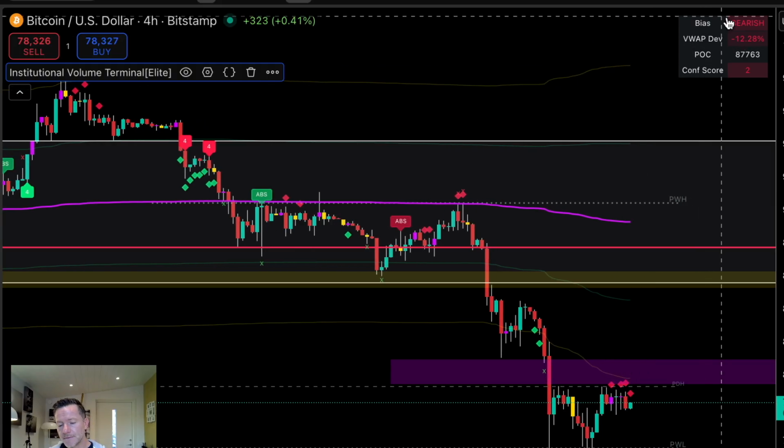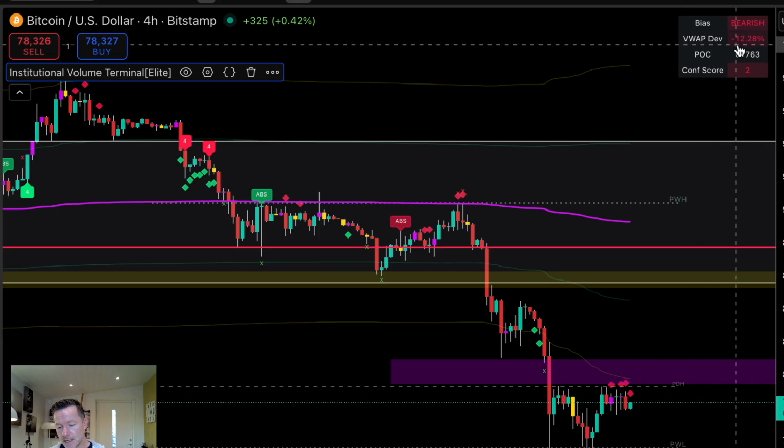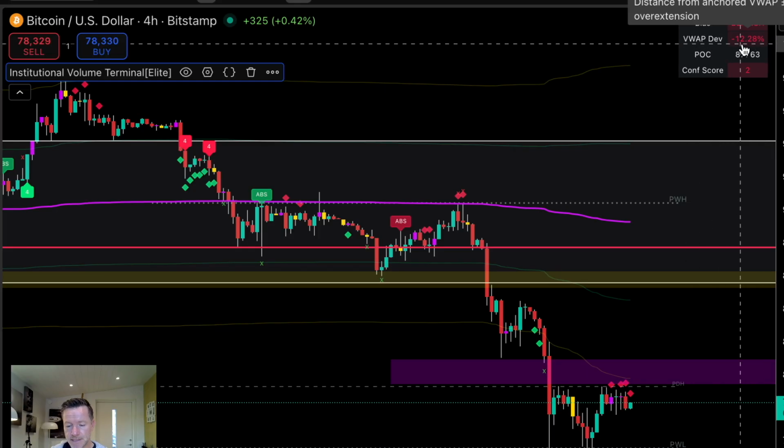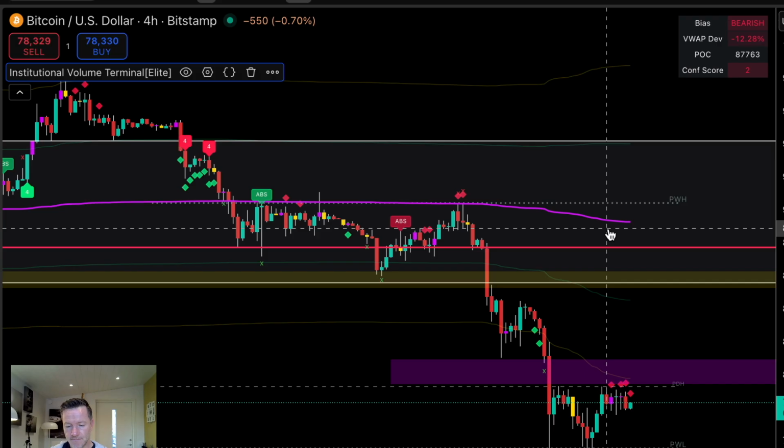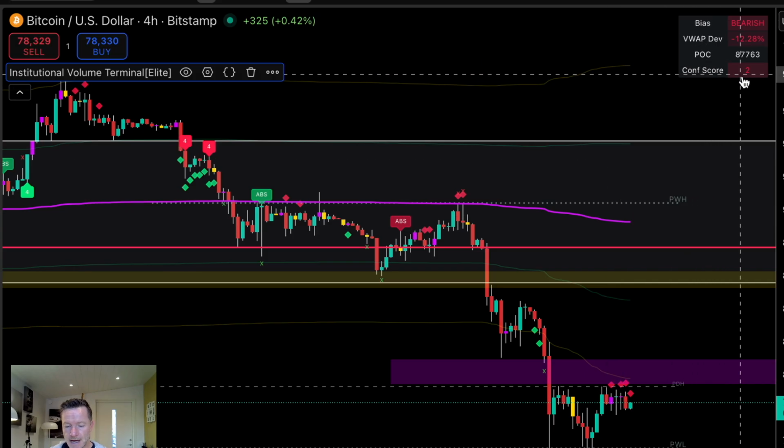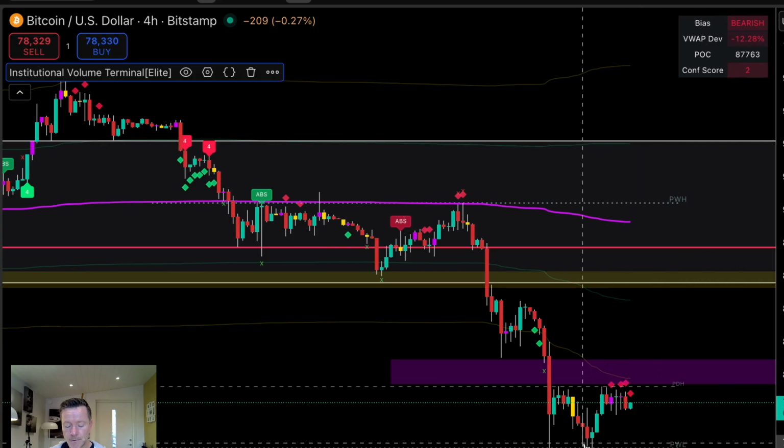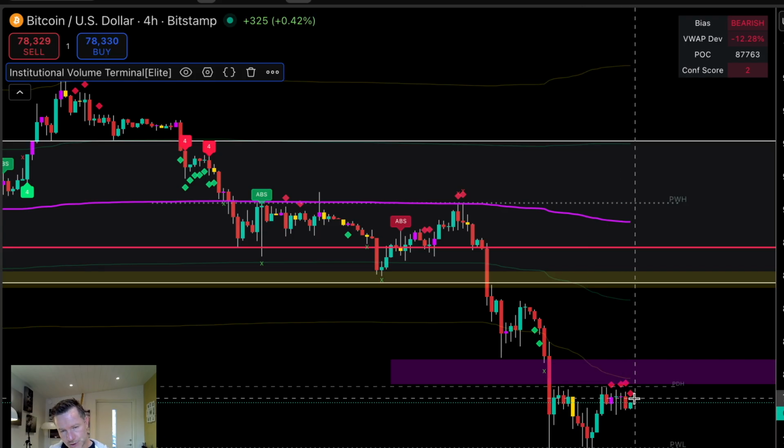If you look up in the right corner, we are seeing that the bias is bearish. We are 12.3% under the VWAP. We have a confluence score right now at 2, which means this is not a good setup. I am not shorting it either because we are about 30% down from the all-time high, and I would be a fool to start shorting in this area.